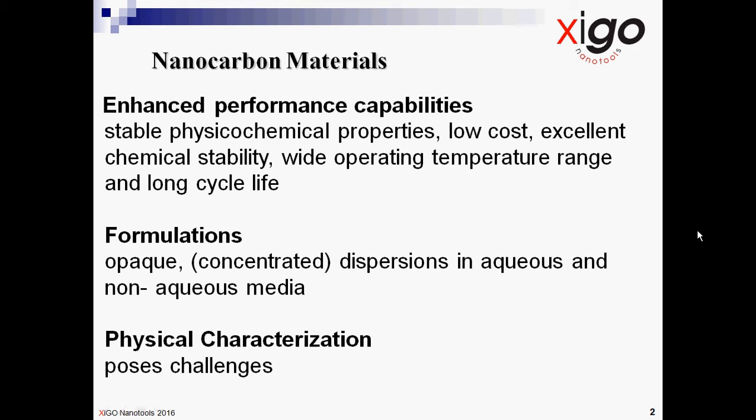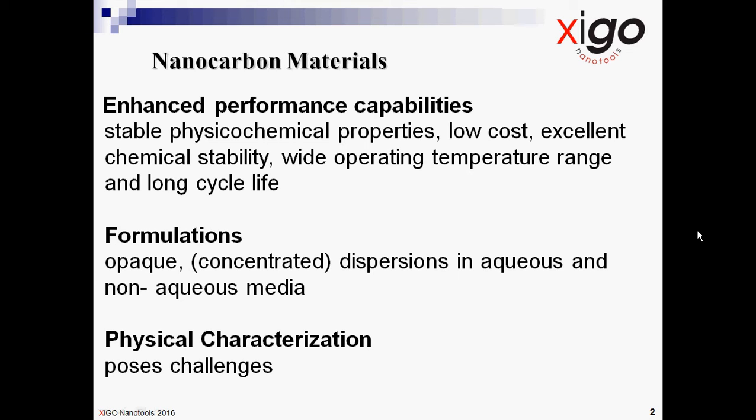Nanocarbon materials, including carbon nanotubes, graphene, graphene oxide, graphite, and a variety of specialty carbon blacks, are increasingly attracting much attention. They're being investigated because of their stable physicochemical properties, low cost, excellent chemical stability, wide operating temperature range, and long cycle life.